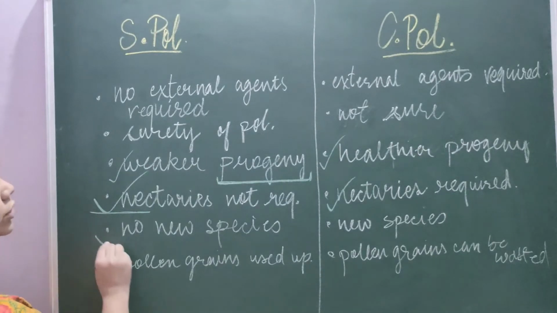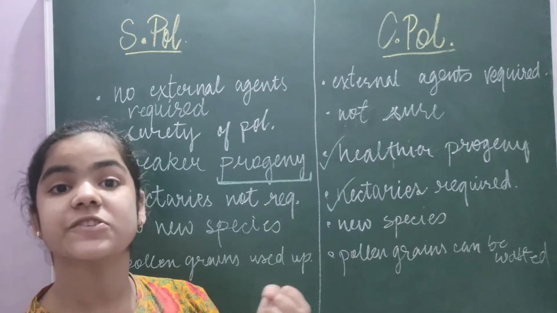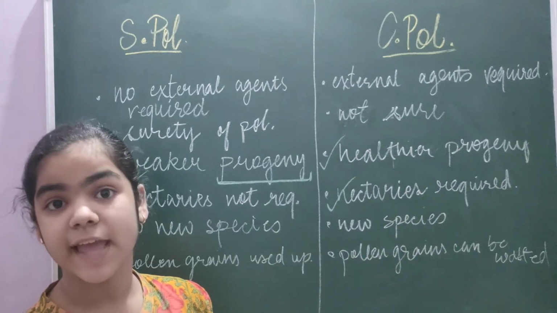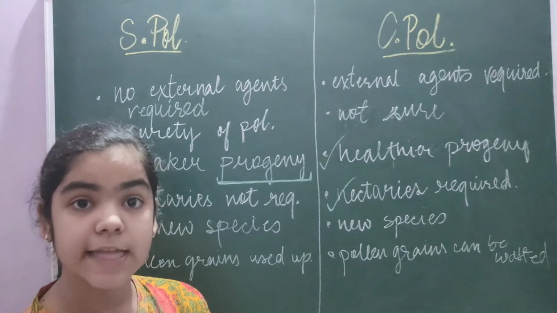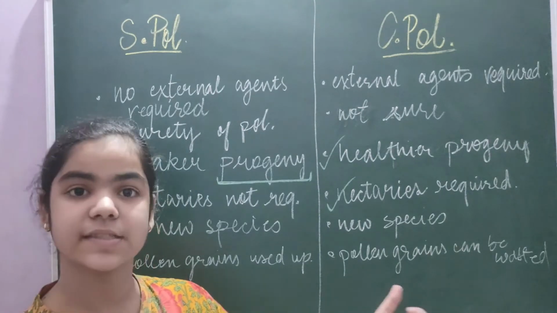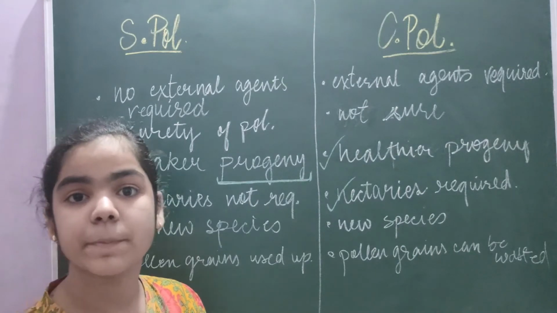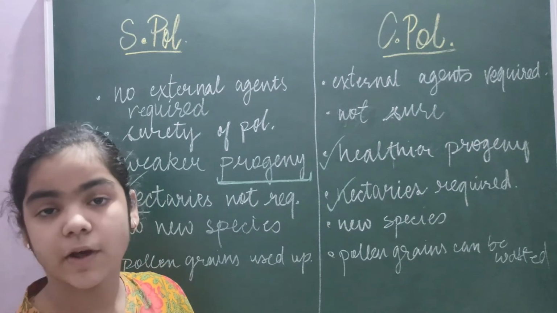Next one is no new species is formed. The pollen grains of staminate flowers may actually be healthier, right? And the pistillate flowers may be more healthy. In some cases, the pollen grains would be more powerful, and the pistil may not be that powerful.